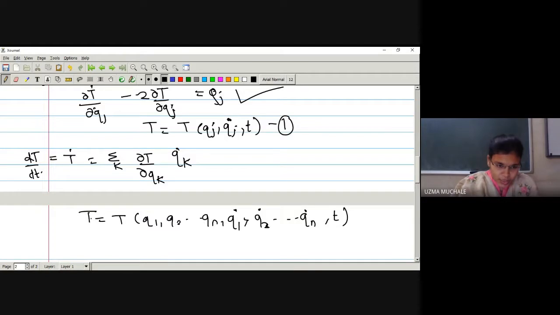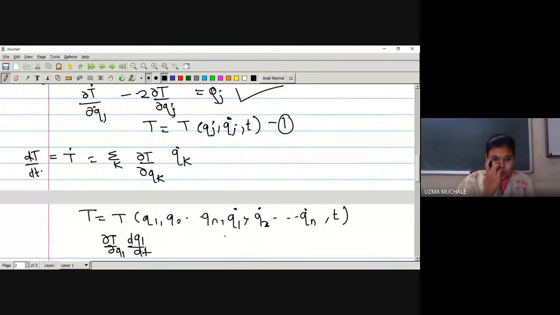If you want to differentiate this, first you differentiate T with respect to q1, then you differentiate q1 with respect to t. T is a function of q1 and q1 is a function of t, so we are going to use the chain rule.